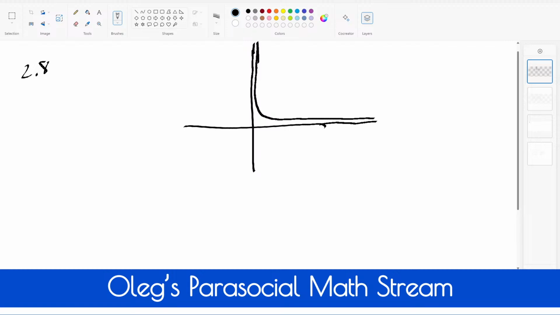It never will. It will get infinitesimally close, but never will. Yeah, so that's what an asymptote is. Anyway, we'll deal with all that later.